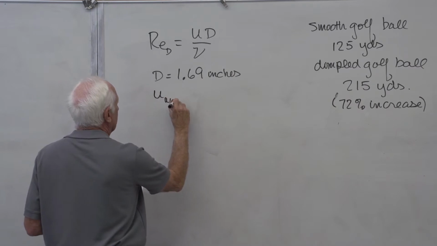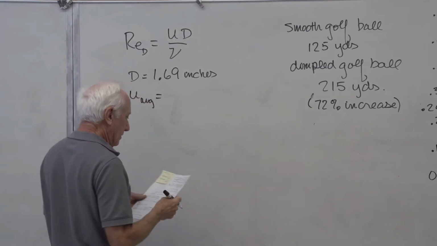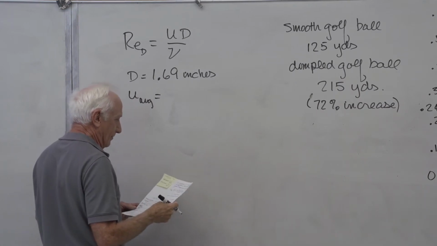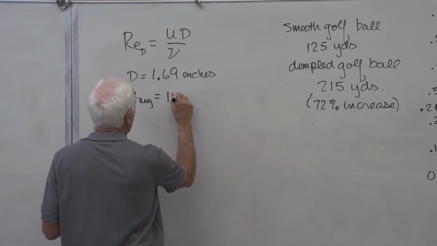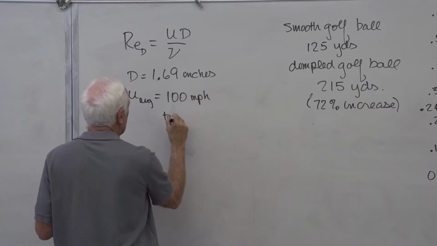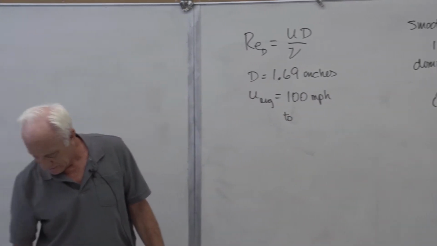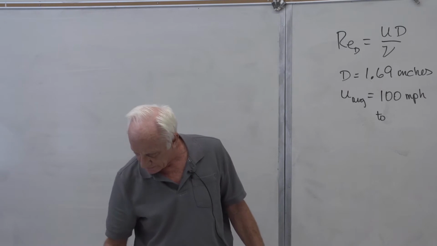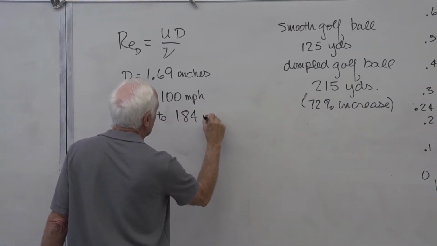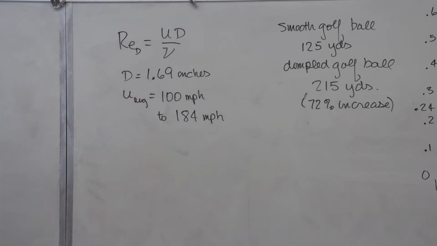The average hit off tee, somewhere around 100 miles per hour to, let's see what we have for the other one. Oh, there it is. 184 miles per hour. Okay.